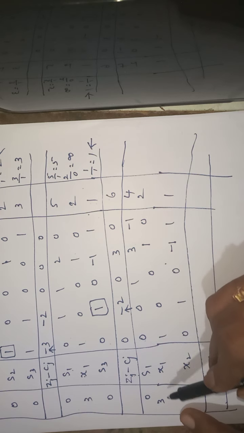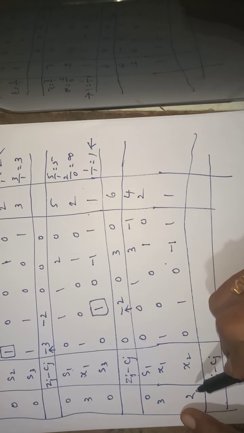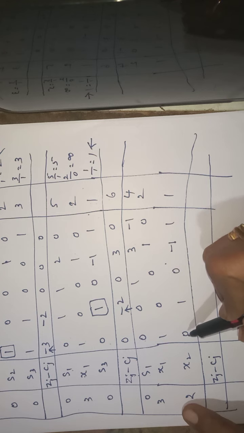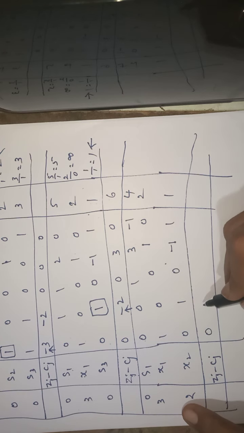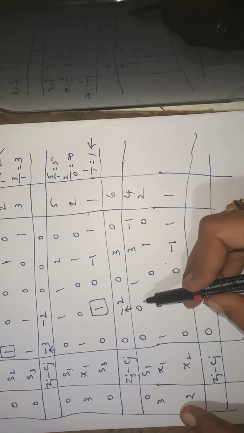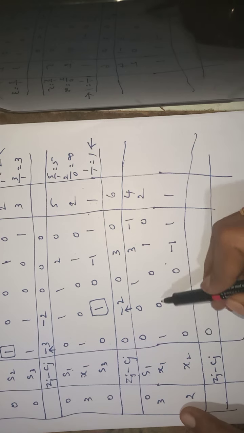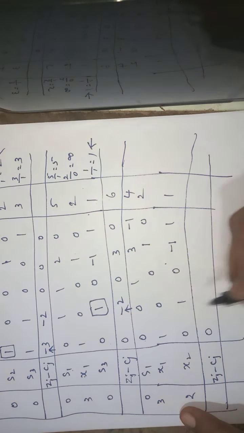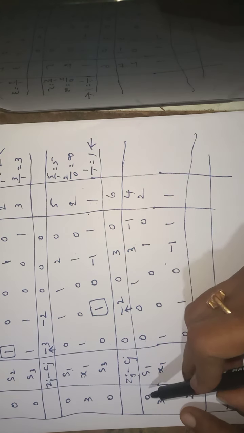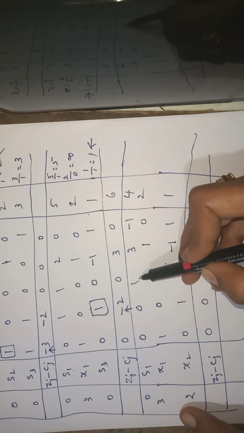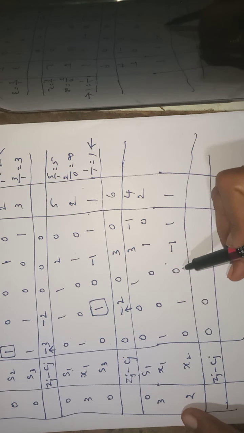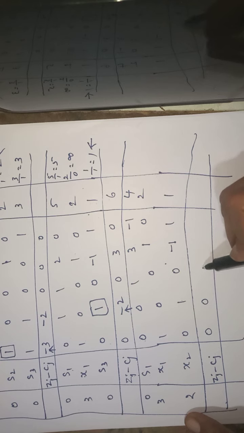0 into 0, 0 plus 3 into 1, 3 plus 2 into 0, 0 minus 3, 0. Here 0 into 0, 0 plus 3 into 0, 0, 2 into 1, 2 minus 2, 0. Here 0 into 1, 0, 3 into 0, 0, 2 into 0, 0 minus 0, 0.